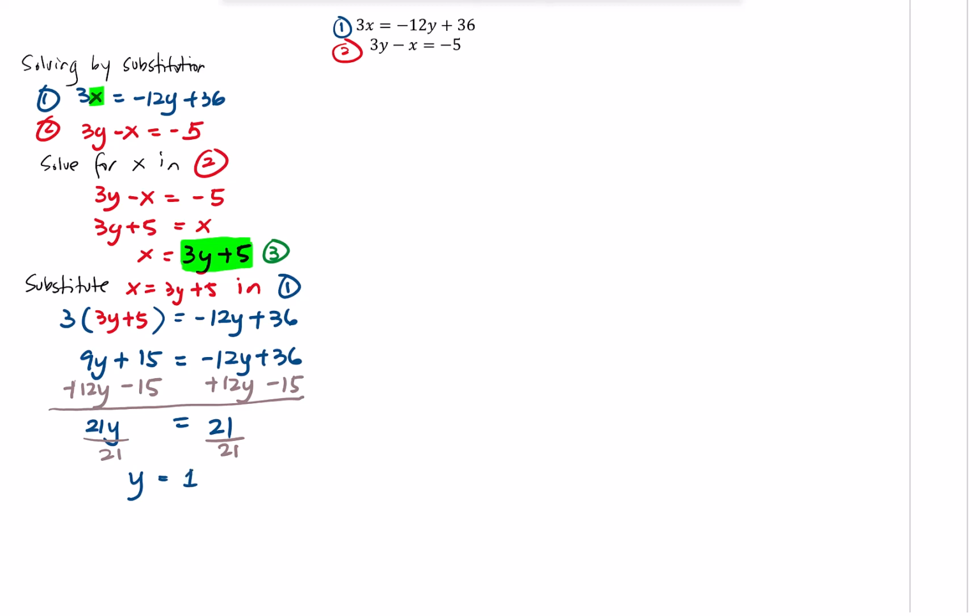Okay. Now after we got y equals 1, we can substitute this either in the third equation because we set that up already, which came from equation number 2, or you still have a choice to substitute it in either the first or the second equation. I will just use this x value here.